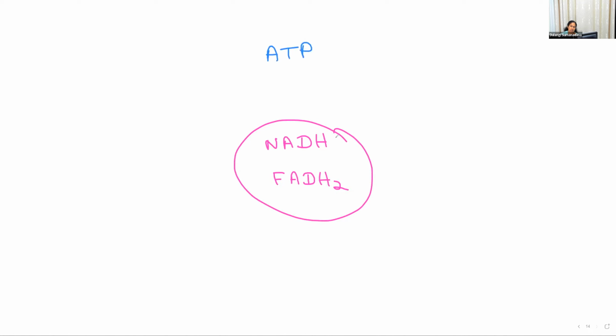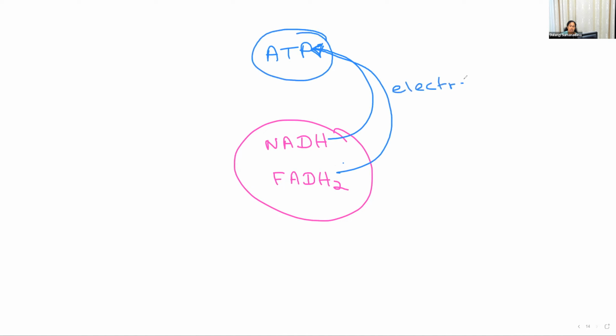So NADH and FADH2, they are carrying energy, but this is not the usable type. So if in case we need to use the energy, it needs to be converted into ATP, right? So we're going to convert all the other coenzymes back to the usable energy, ATP, using the electron transport chain.